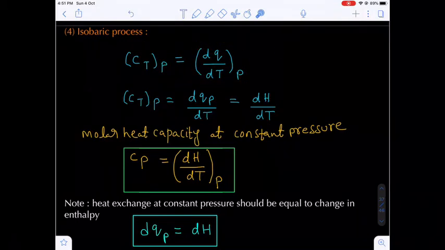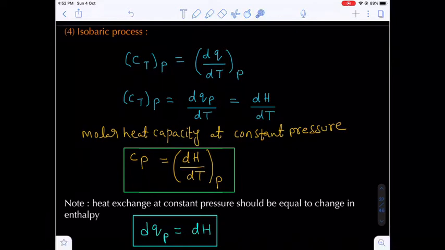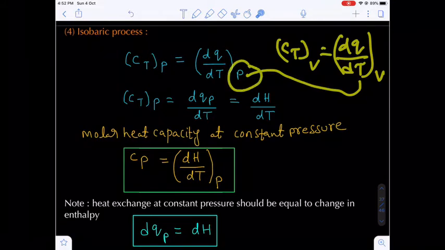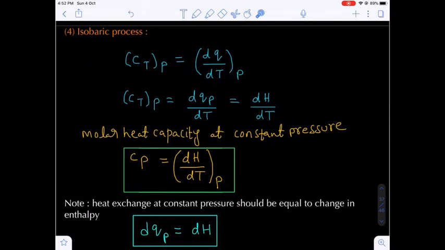In the previous case, Cv equal to dq by dT at constant V, I am writing. Now here I am writing constant P. That means the total heat capacity at constant pressure. Again the temperature is a state function. It is independent of the path of the transformation. So that's why I am writing the P here.